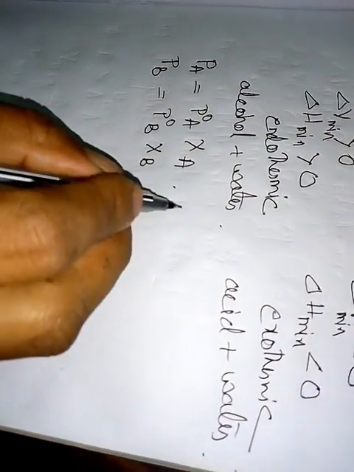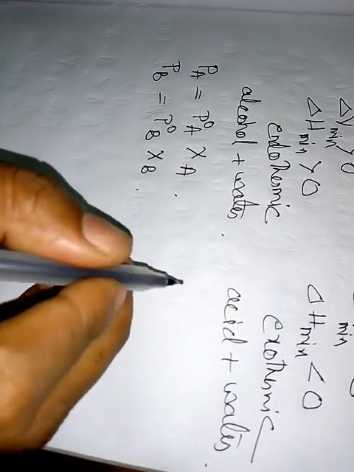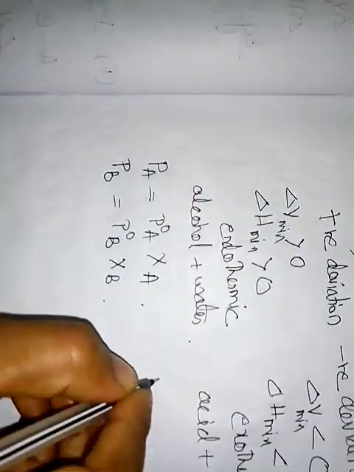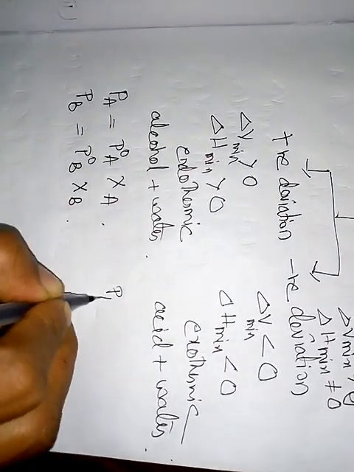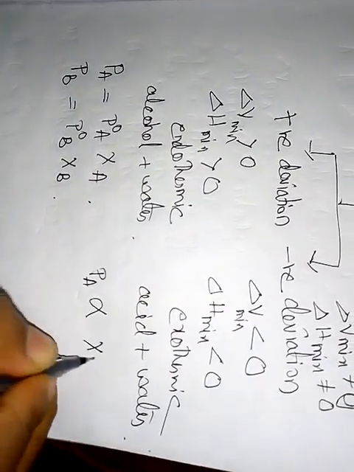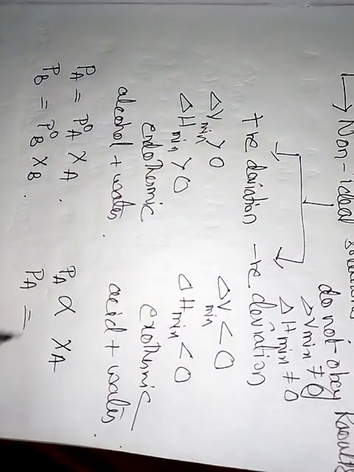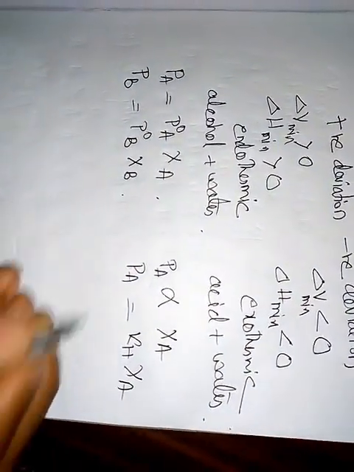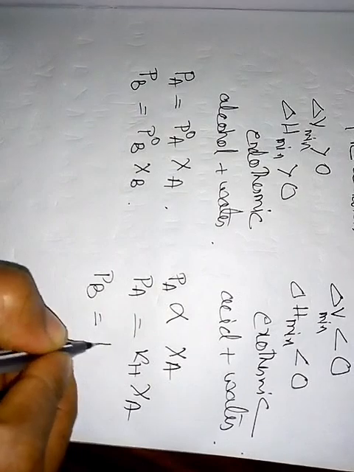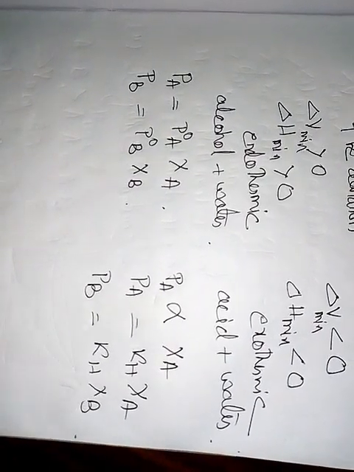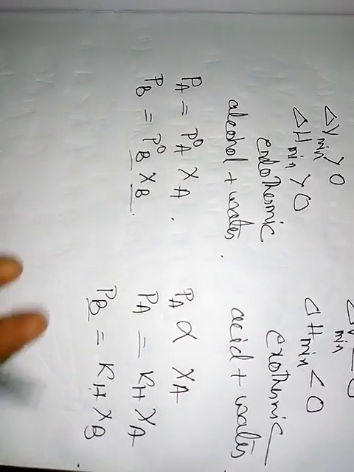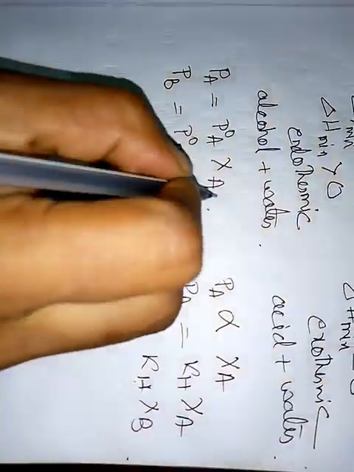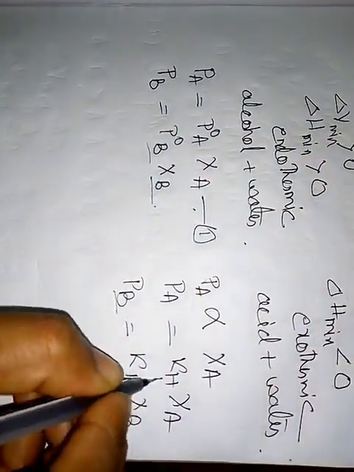Now for Henry's law, for a gaseous solute, if we take the relationship as Pa directly proportional to XA, or Pa is equal to Kh into XA. Or you can also take Pb is equal to Kh into XB. So consider this as equation 1, this as equation 2.